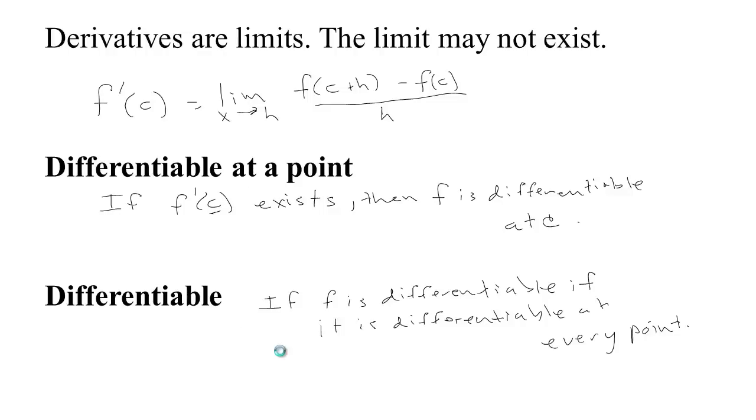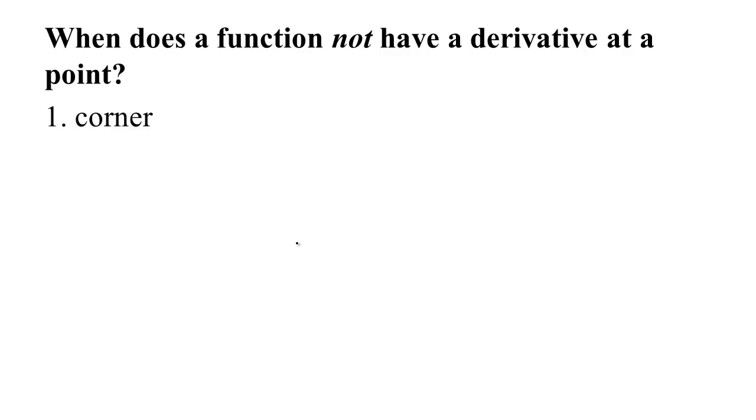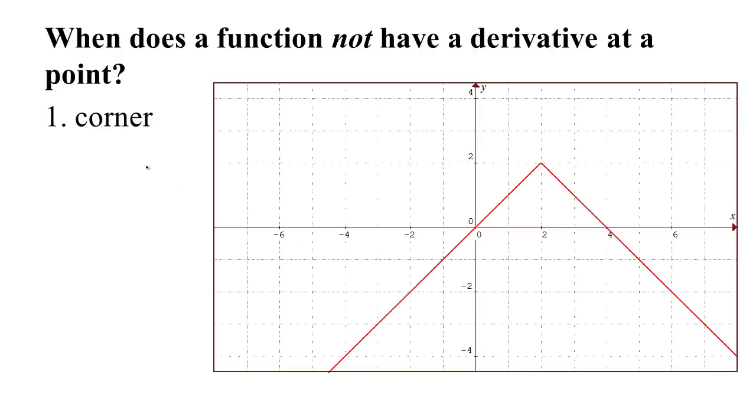Now, let me show you some examples of when that derivative may not work. One case is when you have a corner. So here's a function. It's an absolute value function that I shifted around a little bit. Definitely it's differentiable on all these points, because you can see the slope over here looks like the derivative at all of these points is equal to 1.